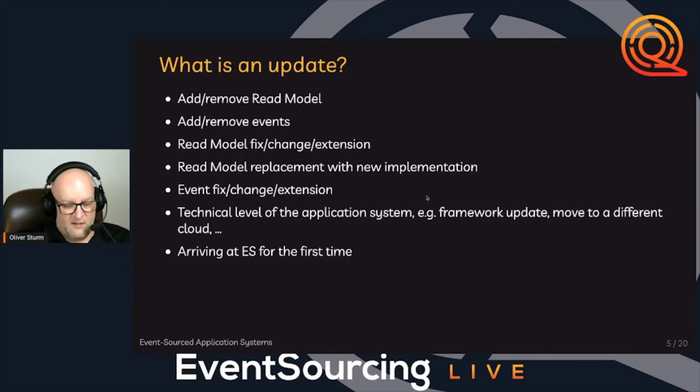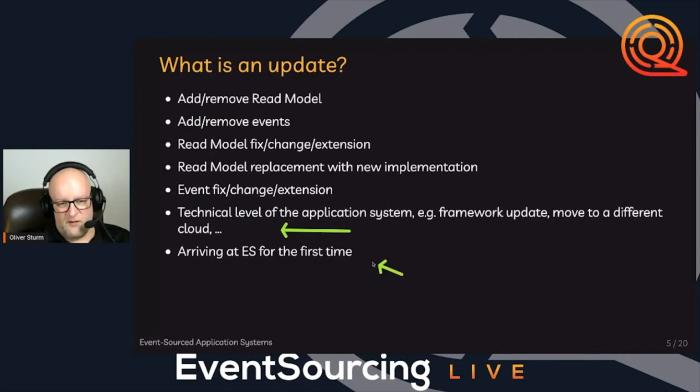And then what to do when you think events should change. I'm putting it carefully like that for a reason. We'll get to that. And again, the technical level of the application system. So basically what happens if something in your underlying technology stack changes, for example.